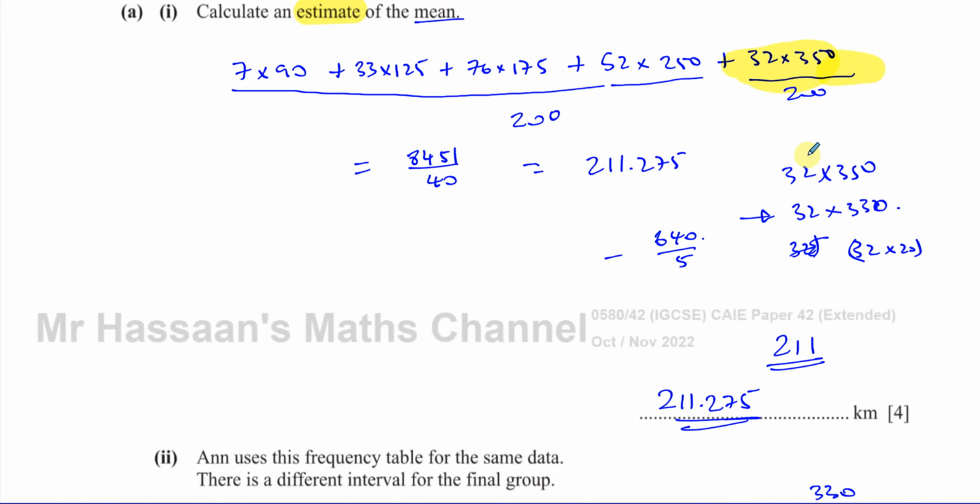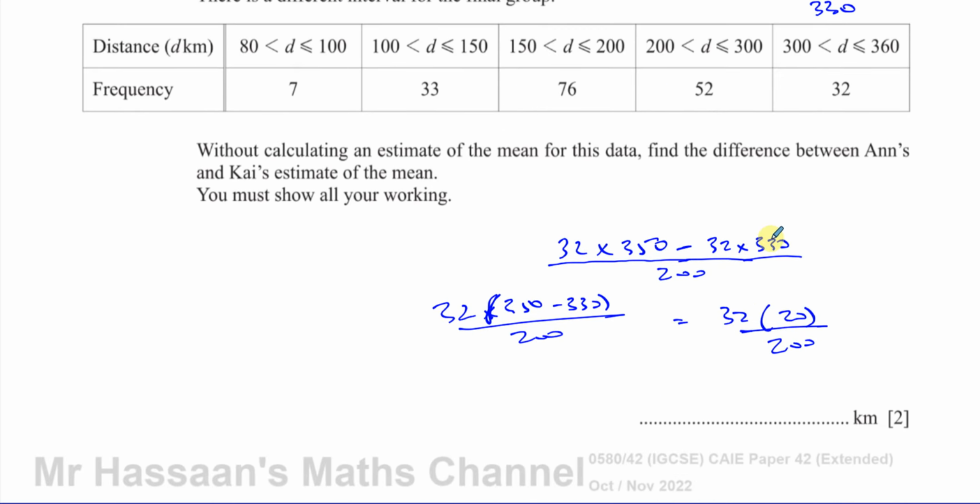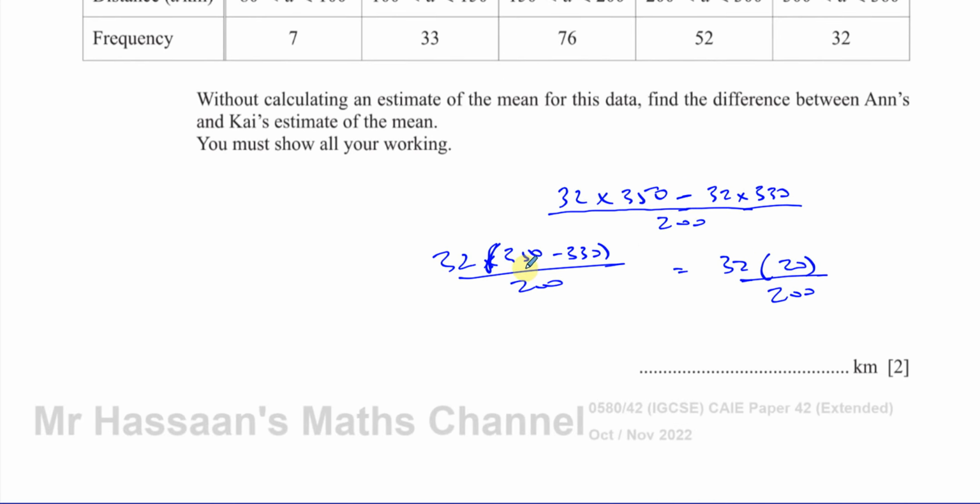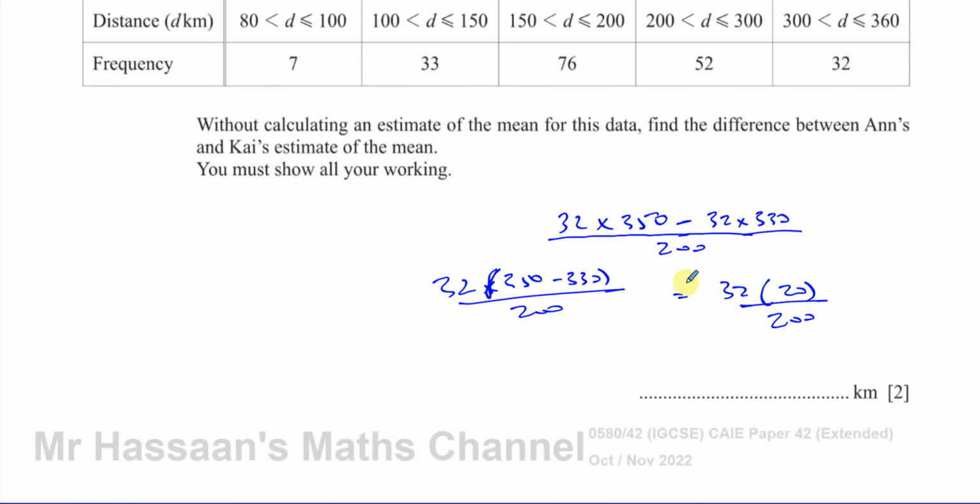Because the only difference is that instead of 32 times 350, it's going to be 32 times 330, which is basically 32 times 20 less. So it's going to be less by this much. So that cancels with that, and that gives you 10. So it's going to be 3.2 less kilometers. You can say minus 3.2 if you want kilometers. That will be the difference.